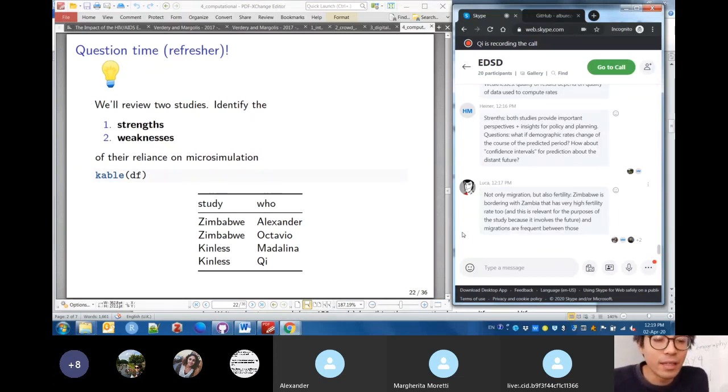But until recently, it didn't provide any uncertainty around the estimates, so it's more scenario based: you have high, low, constant fertility, and medium fertility. But now, with the 2019 revision, there are also probabilistic projections of population and of rates. This is something that is yet to be implemented, but that's good.